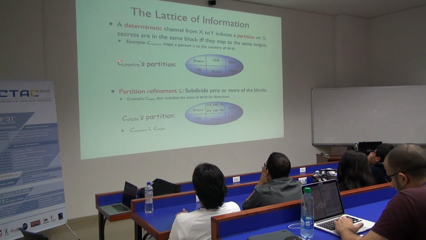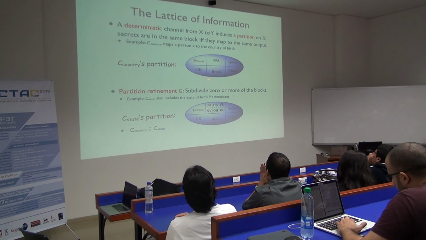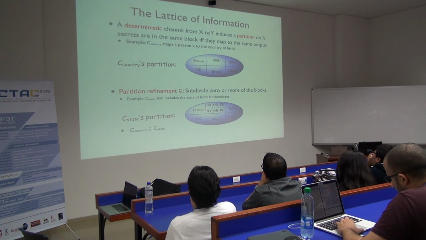So essentially, this channel partitions the set of users, so the secret space, into the people that are born in France, USA, and so on. Okay, so the deterministic channel is always a partition. Secrets that map to the same observations belong to the same partition.